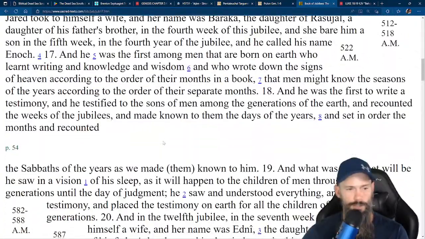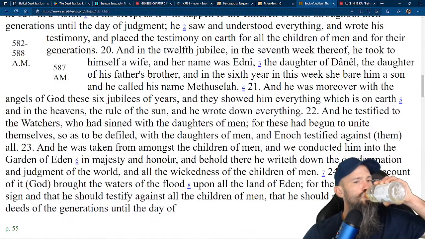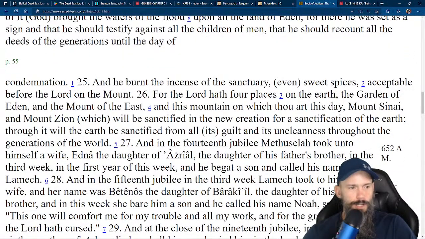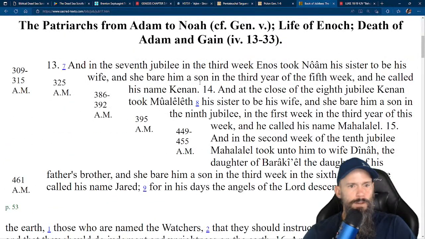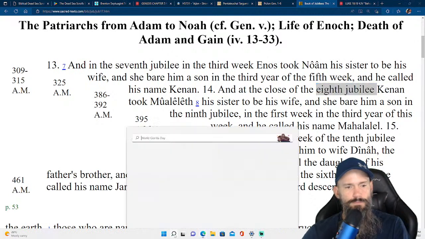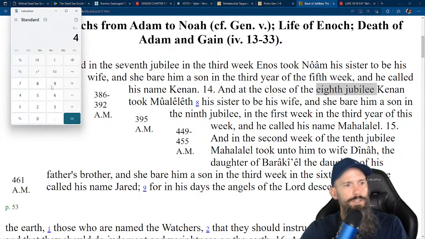You go to Jubilees. At the close of the 8th Jubilee, okay, calculator out, 8th Jubilee, Jubilee is 49 years, so that's 392.